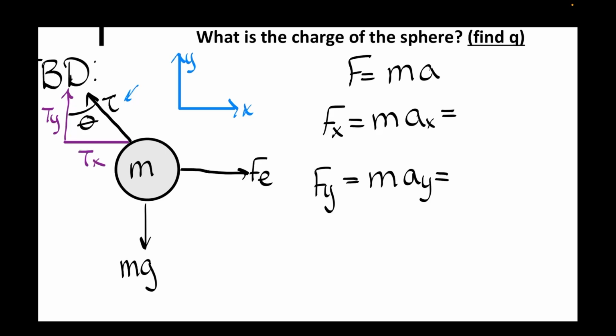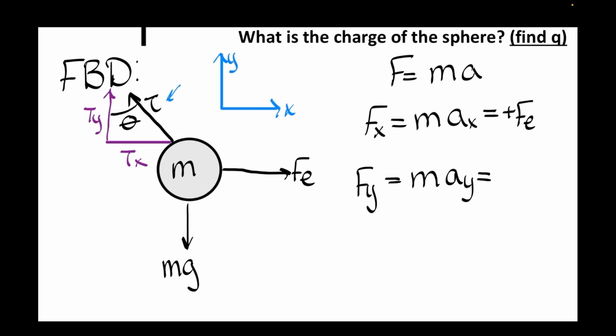Now let's talk about what things are in our x and what direction they are pointing. Here, I'm going to highlight it, we have our Fe. Our Fe is pointing in the positive x direction, so a positive Fe. And then I have, let me highlight it for you, this Tx.